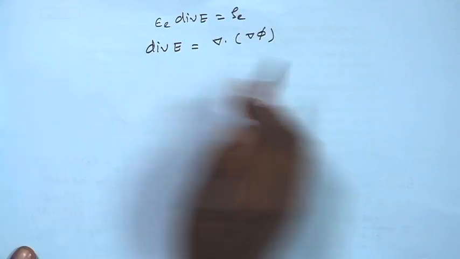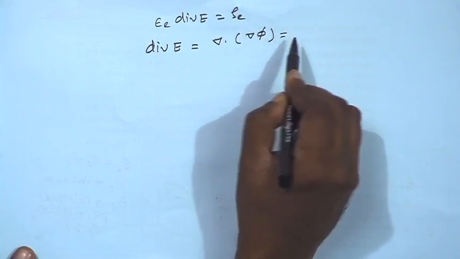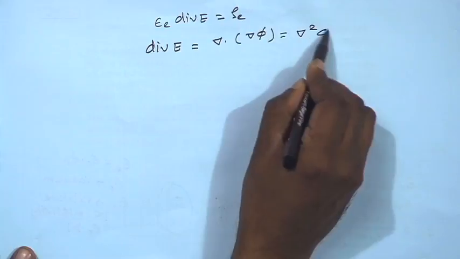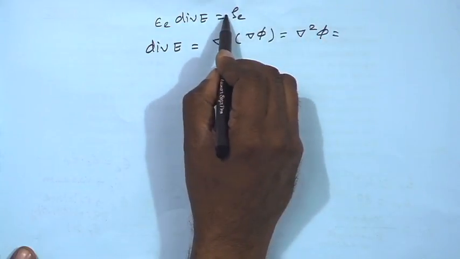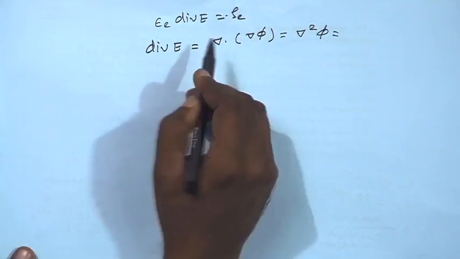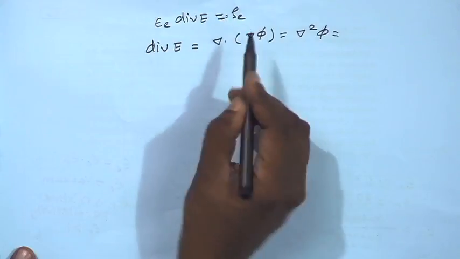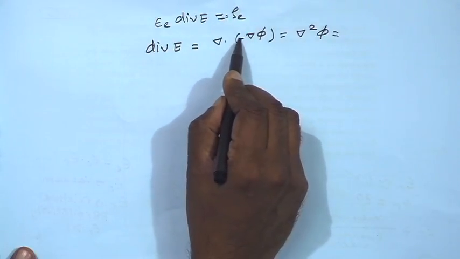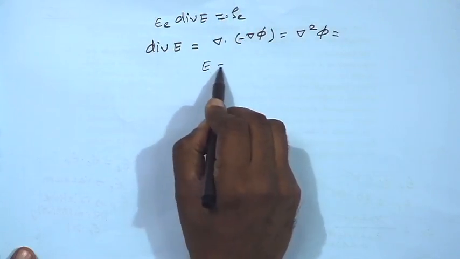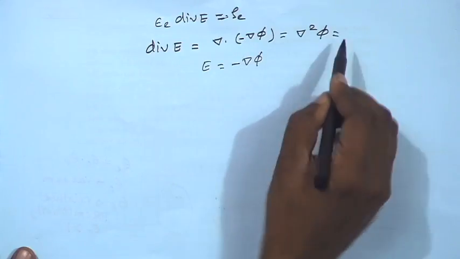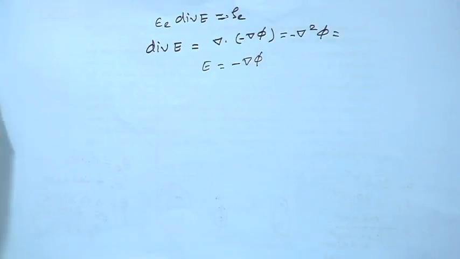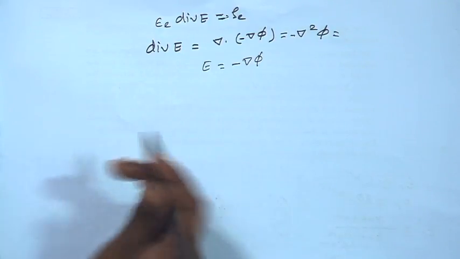The minus is here because E equals minus grad phi. So, I find that del squared phi equals minus rho E by epsilon E.